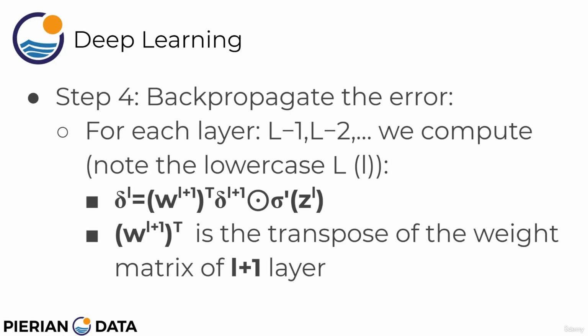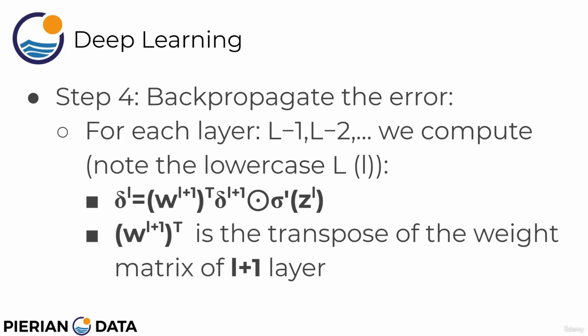So for this back propagation step, for every single layer, starting at the very last layer, capital L, then moving to capital L minus 1, capital L minus 2, etc., the generalized error term, that delta to the lowercase l, is going to be equal to the weight matrix l plus 1, transposed.